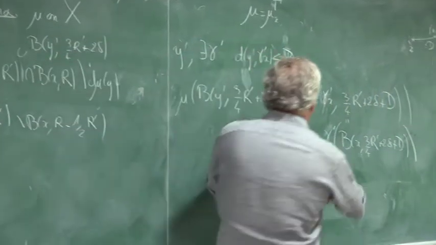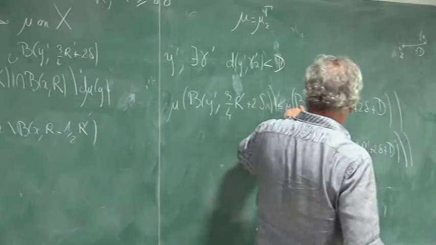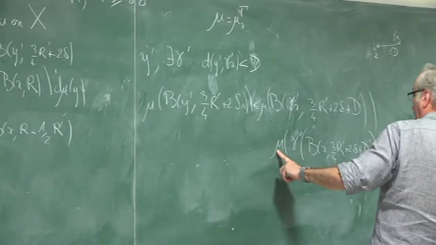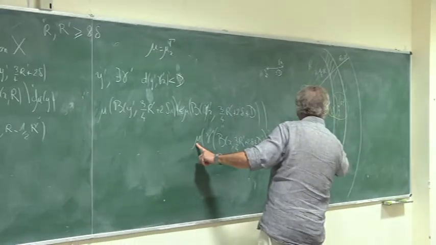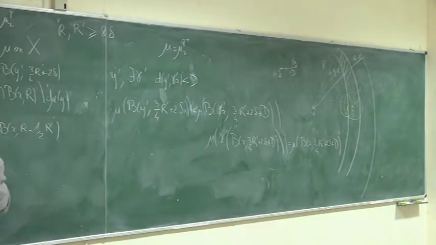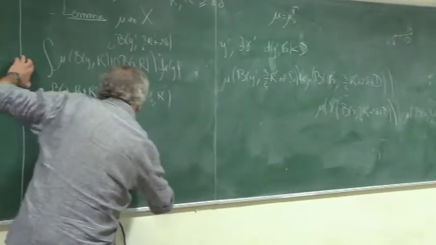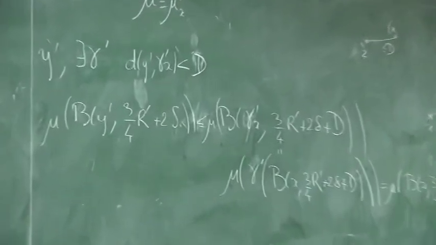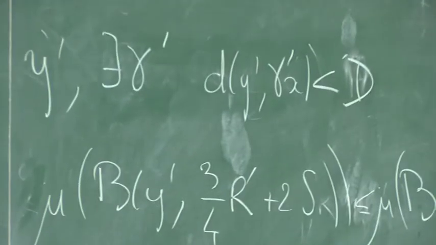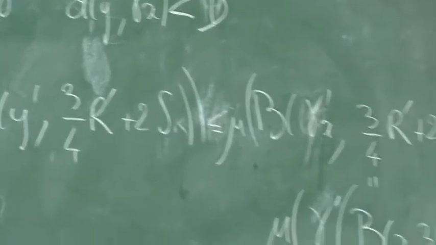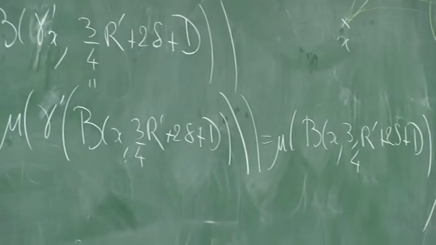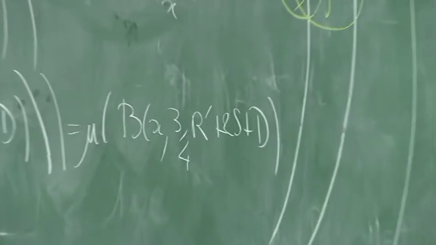So the measure of this is equal to the measure of this, but because the measure is invariant, it's equal to the measure of the ball x 3/4 of r prime plus 2 delta plus d. So finally, an upper bound of this quantity is the integral on this annulus of an upper bound of this quantity, which is the measure of this quantity, which is bounded above by this, which is equal to this and this.